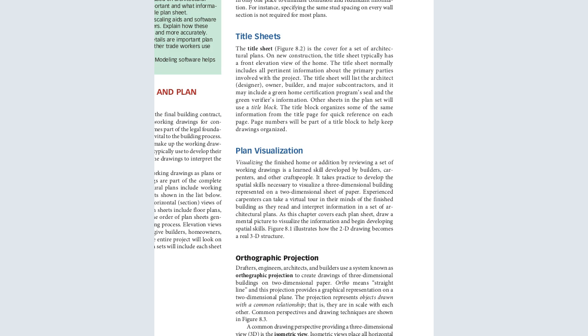That is, the title sheet will list the architect, that is the designer, the owner of the building, the major subcontractors that are doing, that is the electrical subcontractor, the mechanical subcontractor, and all those subcontractors will be on the title sheet. And it may include green home certification programs, a real seal, and the green verifier information.